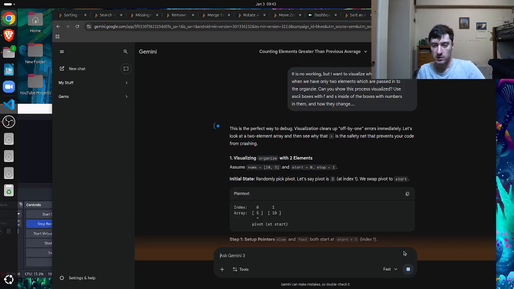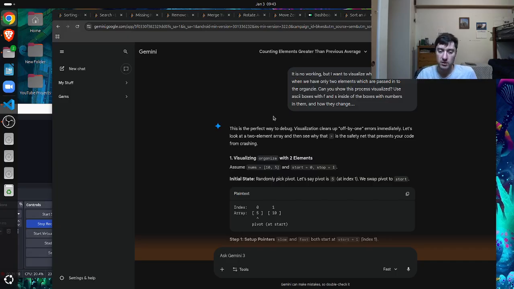Let's get this going. If my finger can get inside of it, never mind. Not gonna have it right now. This is a perfect way to debug. Visualization clears up off by 1 errors immediately. Let's look at 2 elements and see why the greater than is the safety net that prevents your code from crashing.